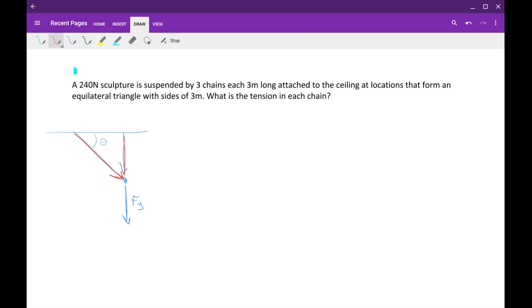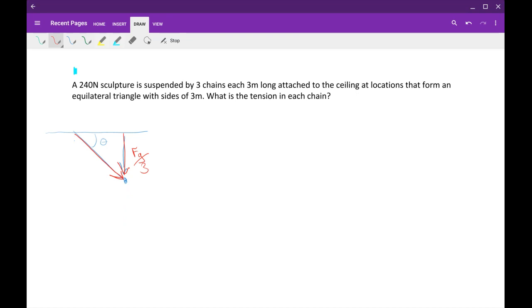It's got a y component, which is equal to the force of gravity. Before, we had 2 chains, and so we divided the force of gravity by 2. But since in this question there are 3 chains, we're going to divide it by 3. Each chain has to take 1/3 of the force of gravity.